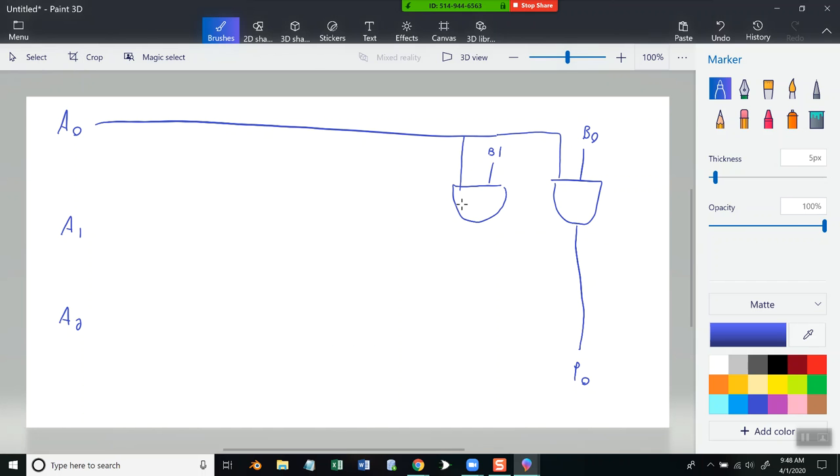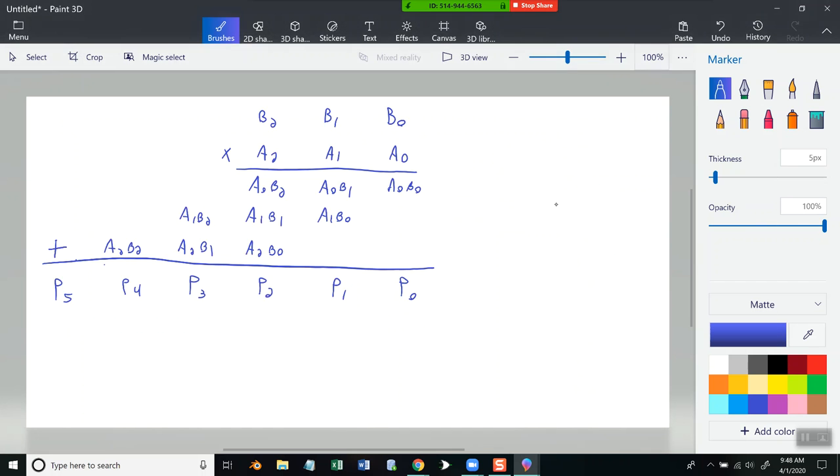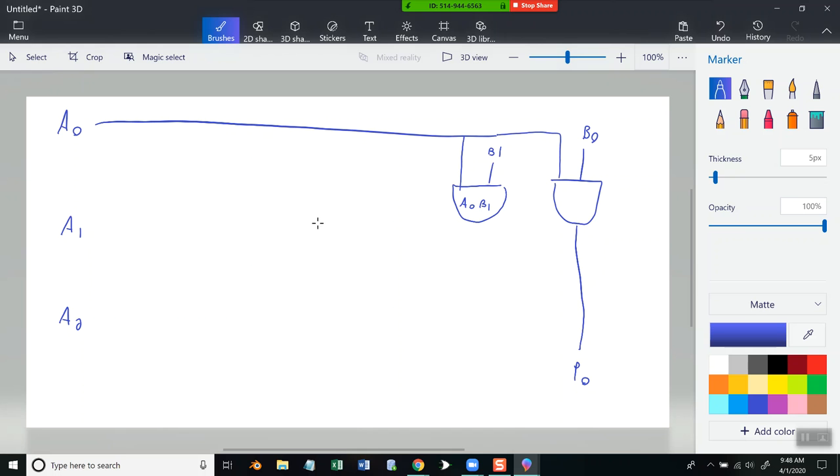That's my A0, B1. And this is A1, B0. So A1. Seems bad to keep putting these separate.